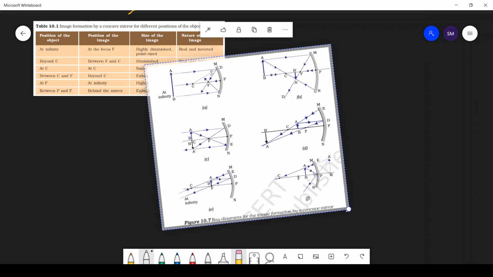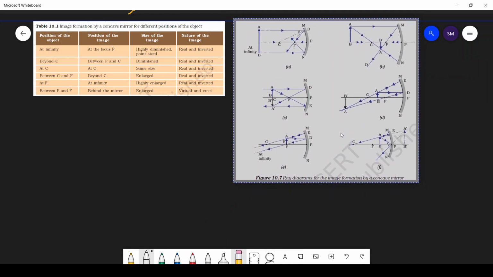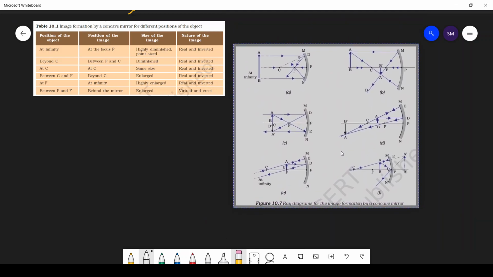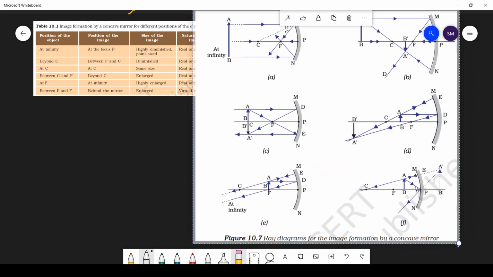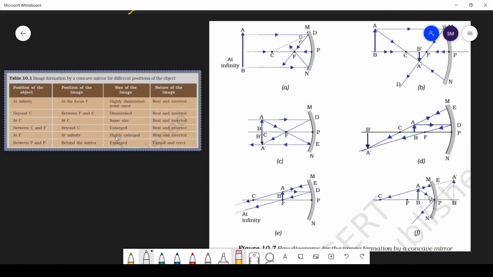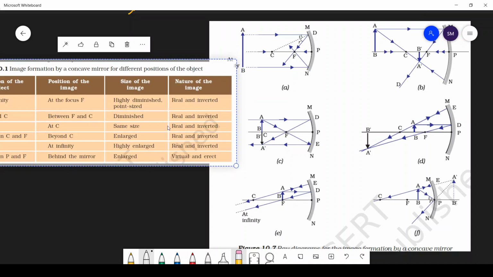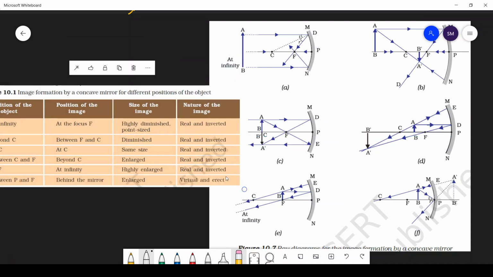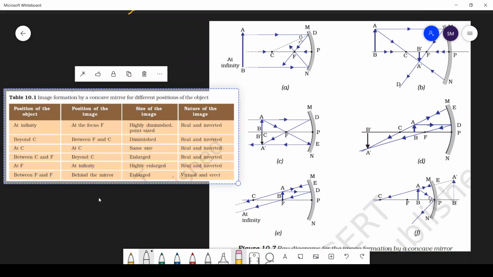And you have this figure 10.7. So put these 2 things together to understand.